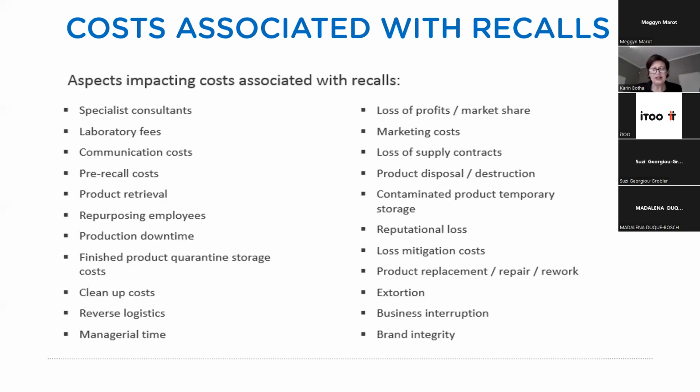Your actual product retrieval, the logistics involved, the trucks that you now have to drive around to try to get all these bits and pieces back to your facility. Maybe your facility is full, you don't have storage space for it, you've got to rent a new warehouse, get security there, make sure that the product is under control. Maybe cleanup costs, management's now working overtime, maybe you've got additional costs there.